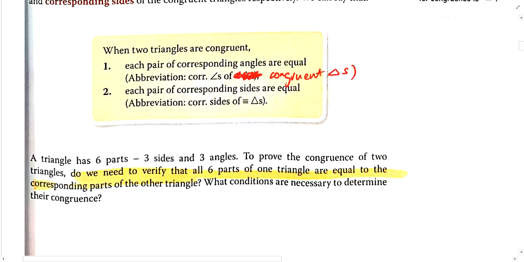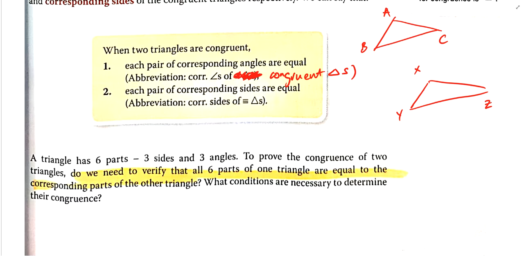triangles. Okay, so what this means is that if I tell you that ABC is congruent to XYZ, it means that this angle and this angle are corresponding angles and they have the same angle.